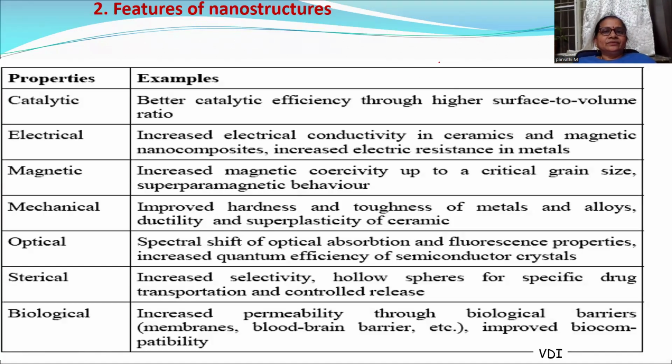And these are a few examples of nanomaterial properties. So, catalytic property. Generally we can see the properties under chemical, mechanical, and biological properties, but only a few electrical and mechanical properties are considered in this PPT.